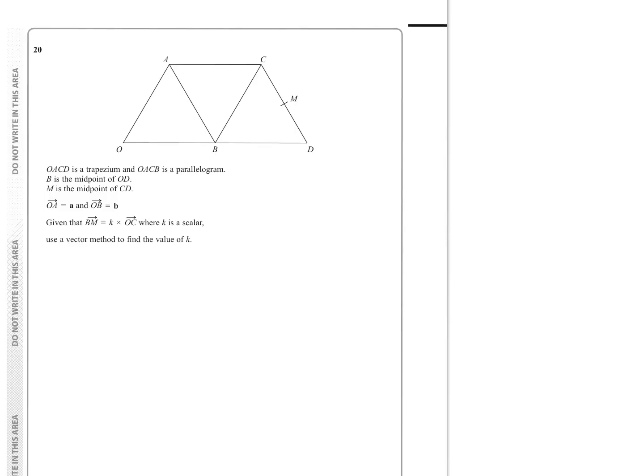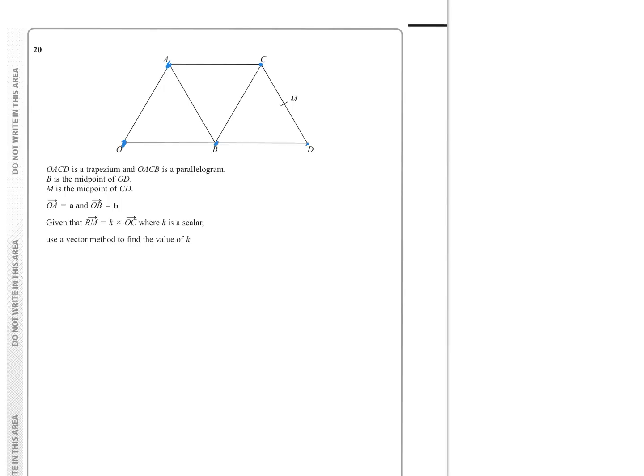So question 20, we have a trapezium where OACD is a trapezium. So O to A to C to D is a trapezium, and OACB is a parallelogram, and it says B is the midpoint of OD.